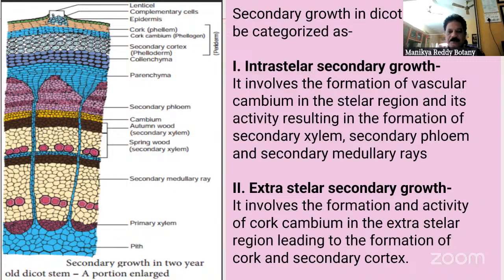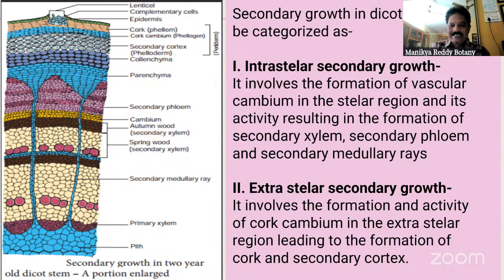Those exposed cells regain the capacity of cell division and become meristematic. The meristematic tissue formed in the outer cortex is called cork cambium. Because of the activity of cork cambium, the secondary protecting layers are formed in secondary stems. So that is called extrastellar secondary growth.